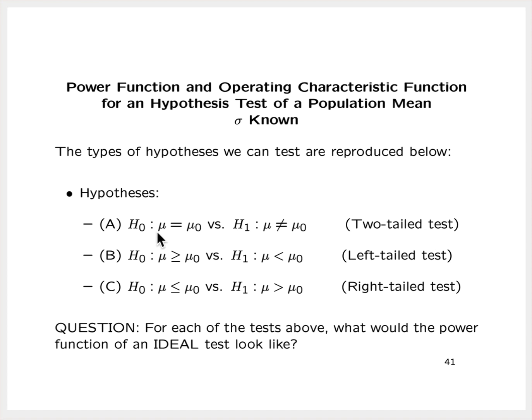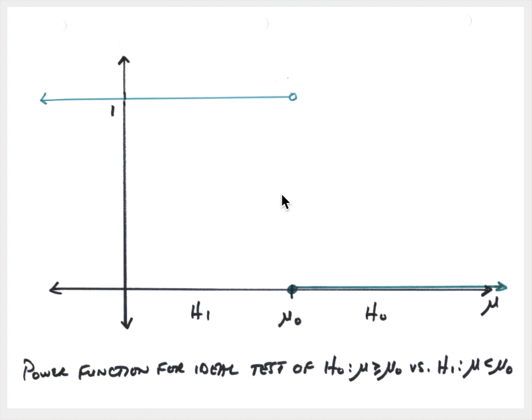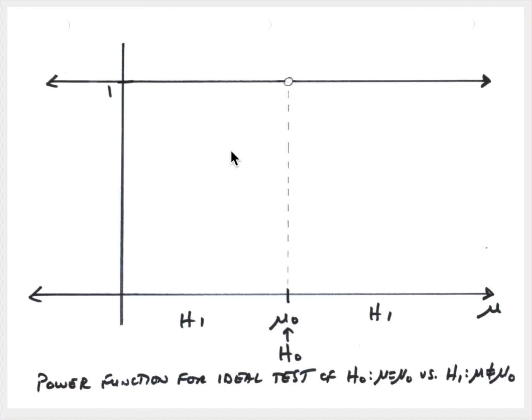And so for a two-tailed test, where the null hypothesis is that mu is equal to some particular value, and the alternative is that mu is not equal to that value, this is what the power function of an ideal test would look like. When the null hypothesis is true, when mu is equal to mu naught, then the power function would be equal to 0.